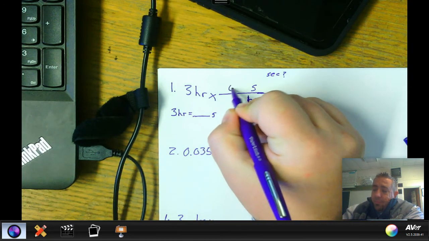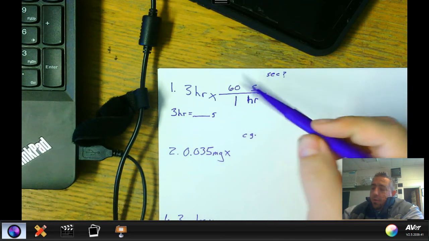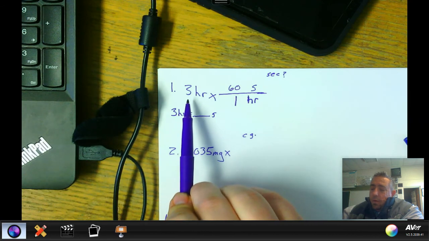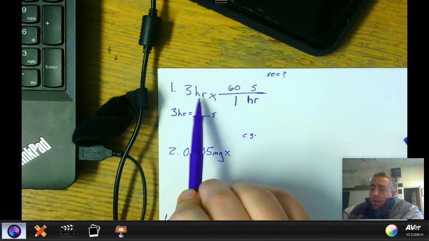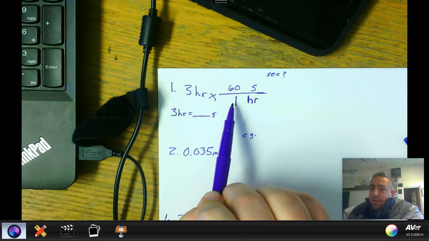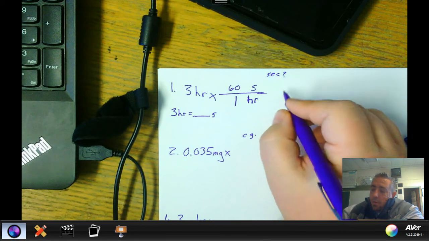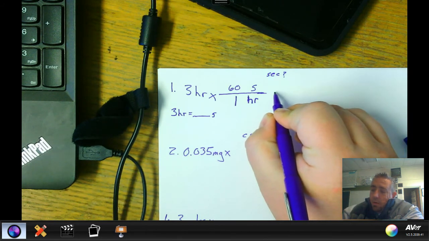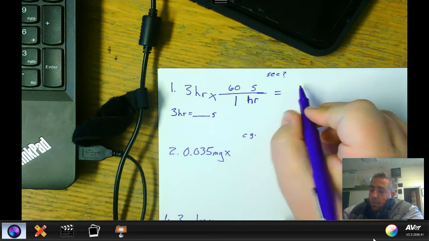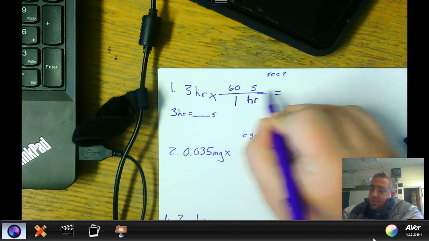There's 60. So the way it works from here on out is we're going to do 3 times 60 divided by 1. That's just the numbers. Let's just do it together.